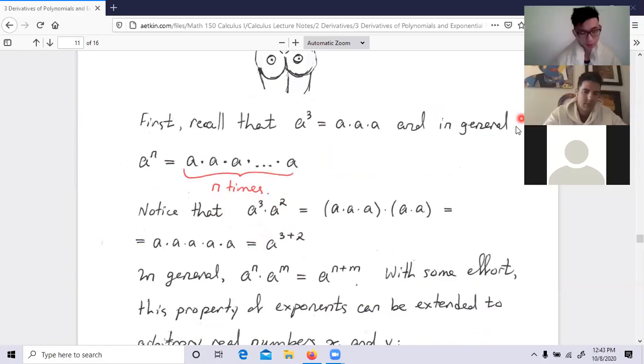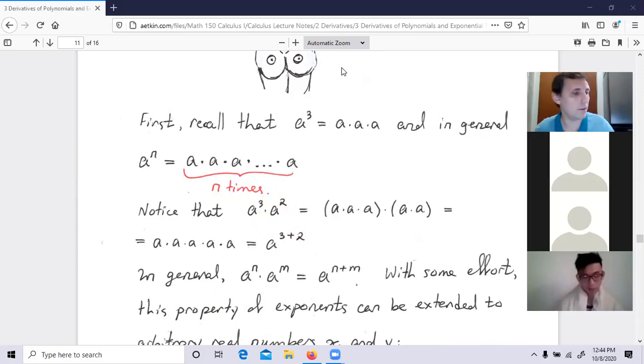Exponents. What is a cubed times a squared? That's just simply a multiplied by itself 3 times, then again multiplied by a twice, and altogether a is multiplied by itself 3 plus 2 times. That's why we have the addition property, right? Subtraction happens because we can divide. You understand how subtraction works? Maybe I will quickly mention that in case you don't remember.